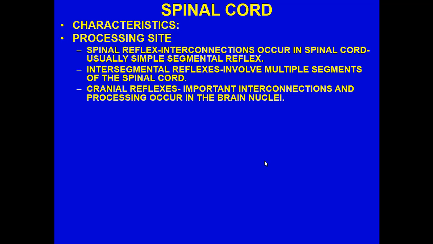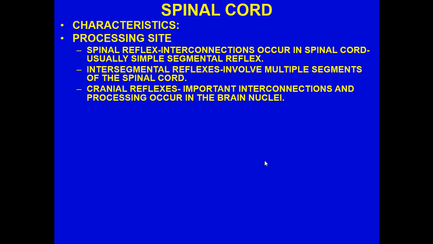Intersegmental reflexes involve multiple segments of the spinal cord. Now let me clarify that with the interconnections in the spinal cord. Spinal reflex can occur just at one particular area. Intersegmental means that you may have the pathways go up somewhat along the spinal cord, then back down, then up, then back down, around, etc.